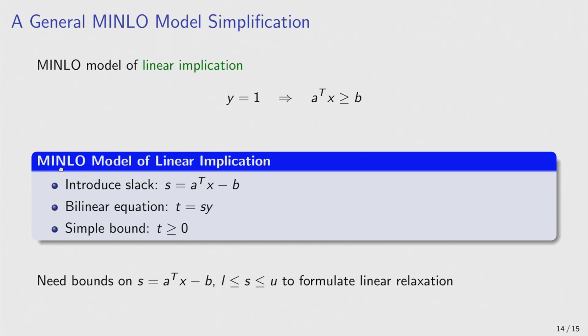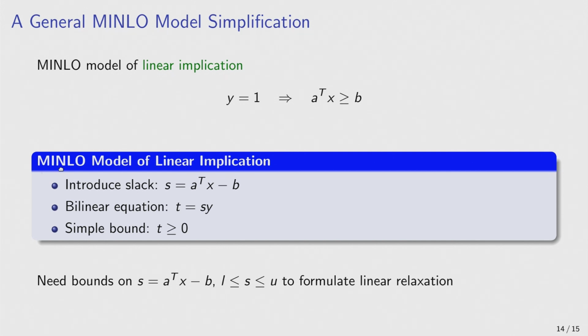So if y is equal to 1, then A transpose x minus b will be greater or equal to 0, and if y is equal to 0, then t is greater or equal to 0 trivially, and I don't worry about this constraint. I don't worry what s is.